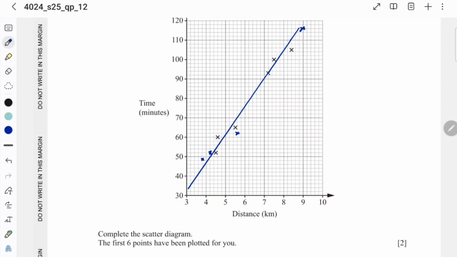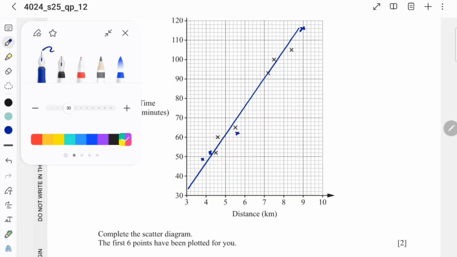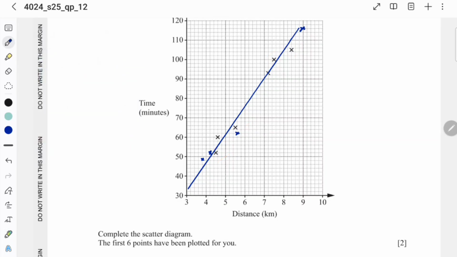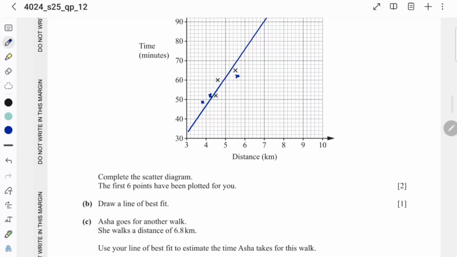I've tried to have the same number of crosses on both sides, like 1, 2, 3, 4 and 1, 2, 3, 4. So there are 4 points on the left and the right hand side of the line of best fit. Okay, this is the way we can draw.